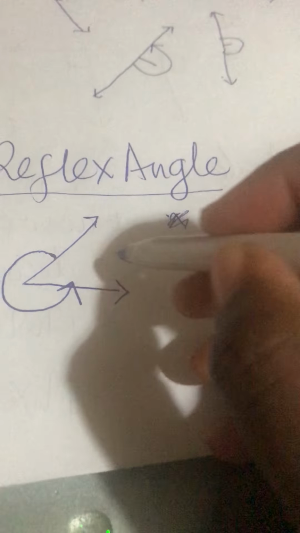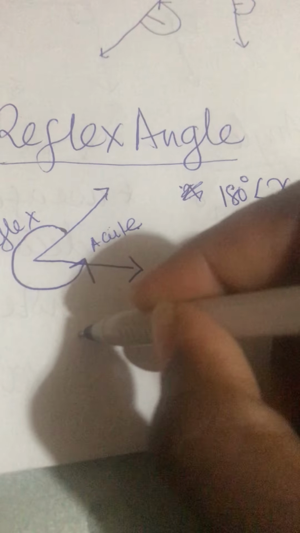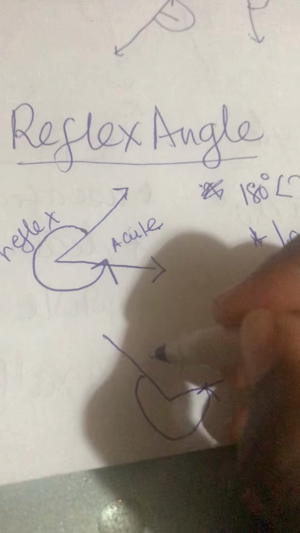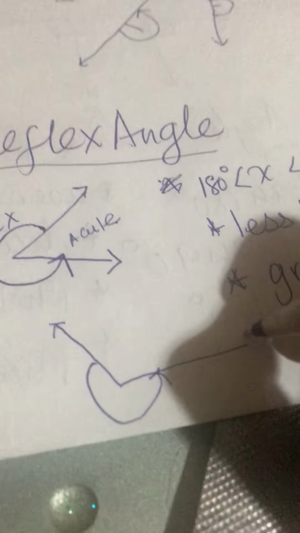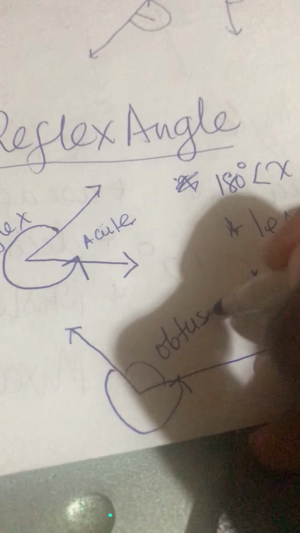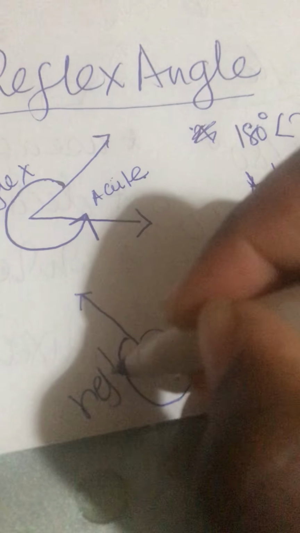So you can either use acute, inside, reflex is outside. Or you can use the obtuse angle. This is outside, is the reflex. And here is obtuse. Obtuse is inside. Reflex is outside.